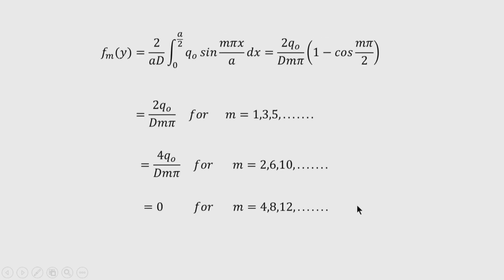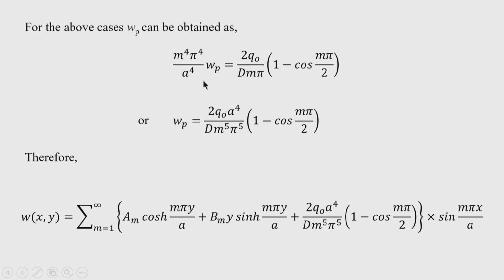After carrying out this integral, we can find the particular integral in this term: 2 q naught a to the power 4 here, and here it will be m to the power 5 pi to the power 5 and D, and the term inside the first bracket will be 1 minus cos(m pi by 2), which will be evaluated depending on the different values of m.